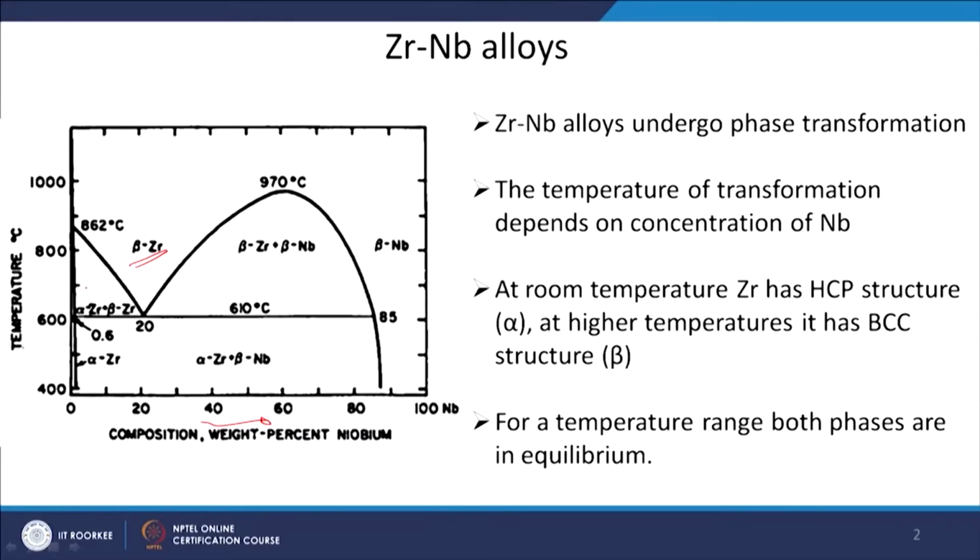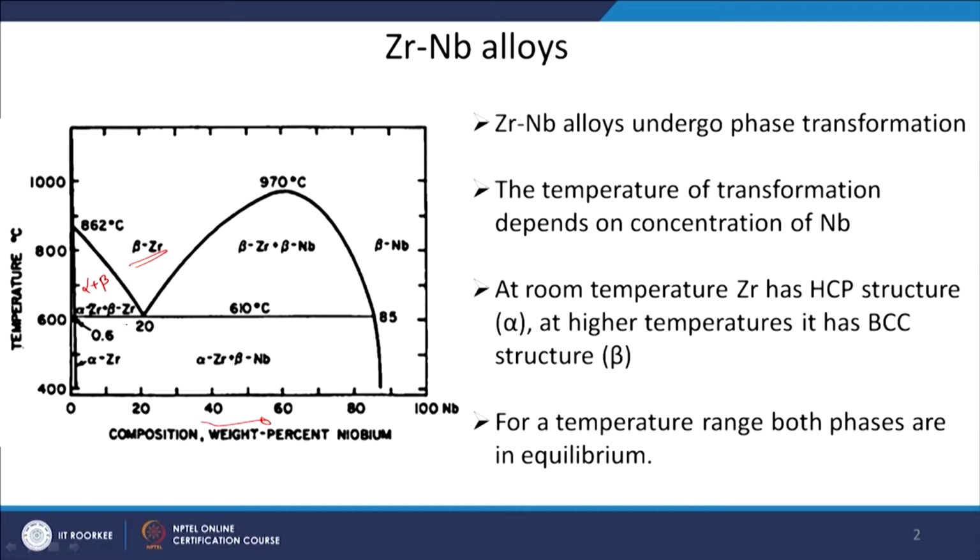There is of course a phase transition, and the two phases will be in equilibrium in a temperature range, and this temperature will change as a function of the percentage of niobium. So, you have two phases in equilibrium in this particular temperature range from 600 to something between 800 and so.